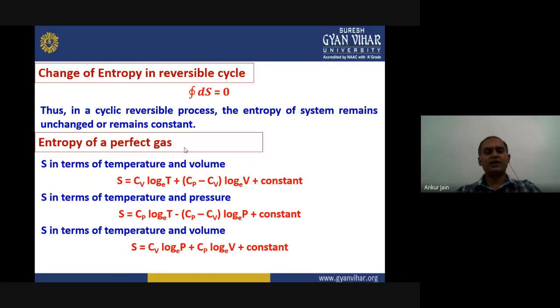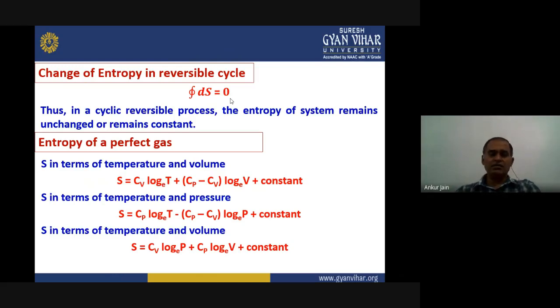When we calculate for each step, two steps are isothermal and the other two are adiabatic. For adiabatic steps, the entropy change is 0. Entropy change occurs only during the isothermal expansion and isothermal compression. If we sum up, we find that the total entropy change is 0. That means in a cyclic reversible process, the entropy of the system remains unchanged.